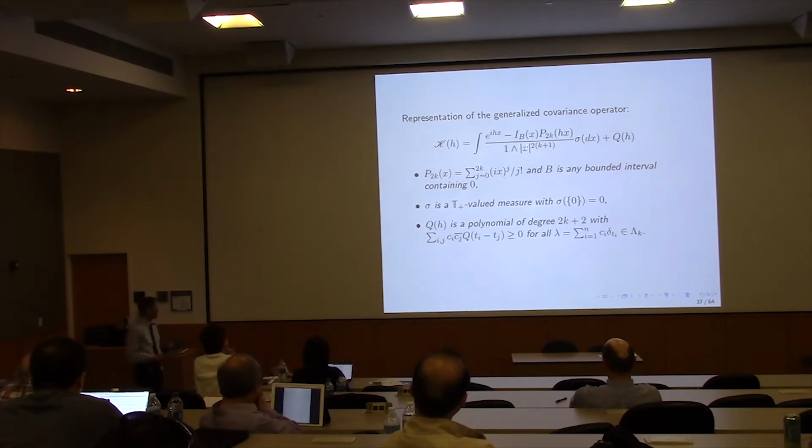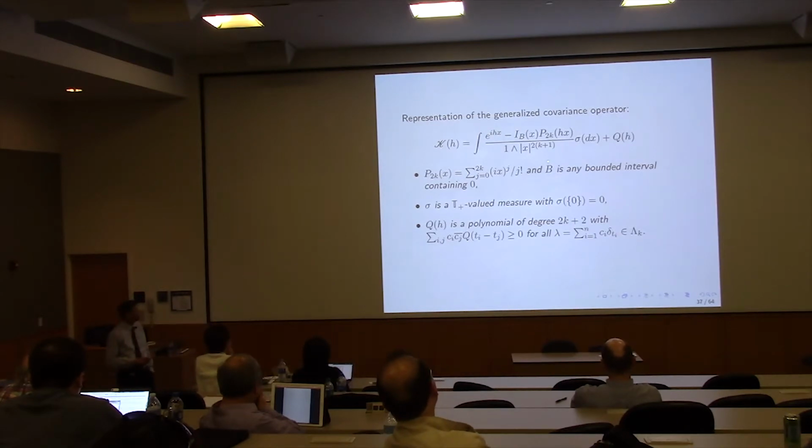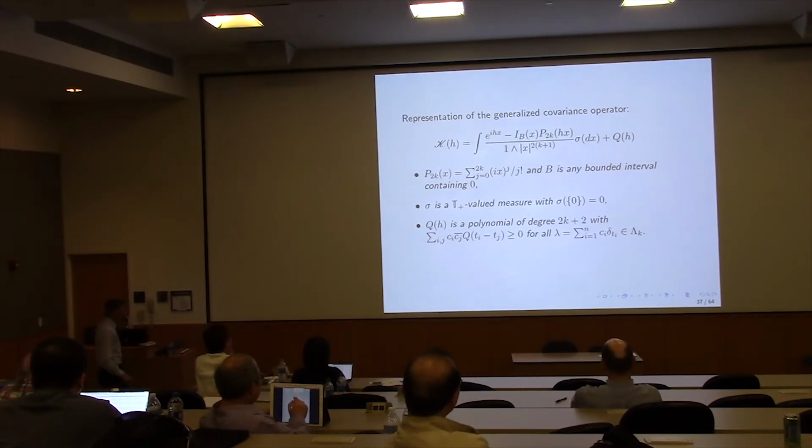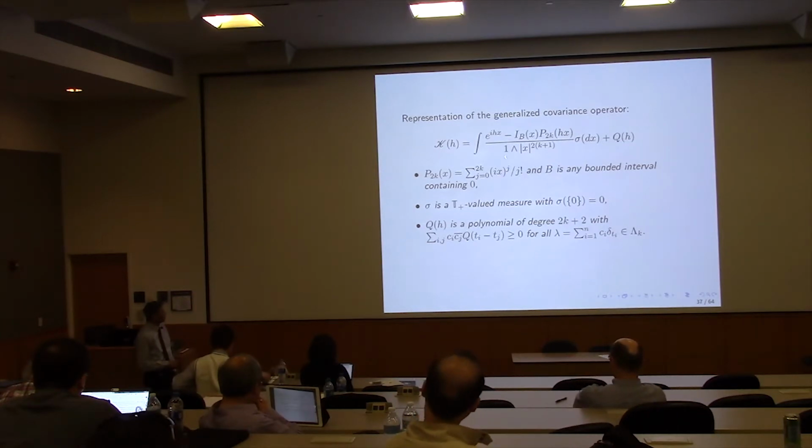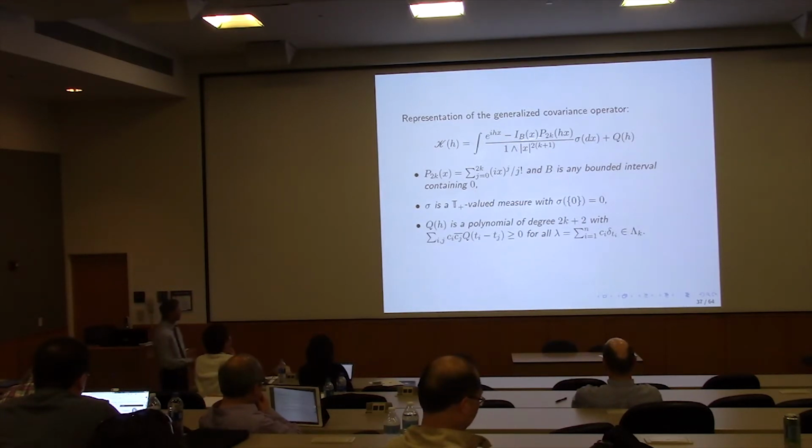Now, as in the ordinary stationary case, one can write down a representation that's similar to Bochner's representation, like this. This looks somewhat different from the original Bochner's representation in that we have this quantity here, which allows us to have a measure that's exploding at zero, and for which the integral is still well defined.